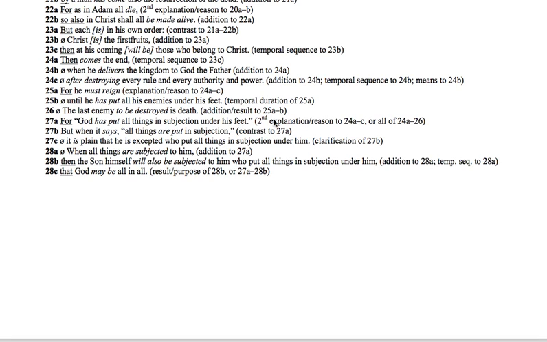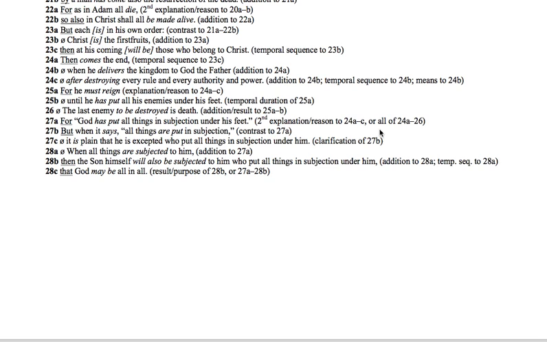Now, what I've noted here is that this could be the second explanation or the second reason to 24a to c. Okay, so noting 24a to c, 25a provides the first explanation or reason, and then 27a provides the second explanation or reason. That's one way to understand it, which I've noted here.